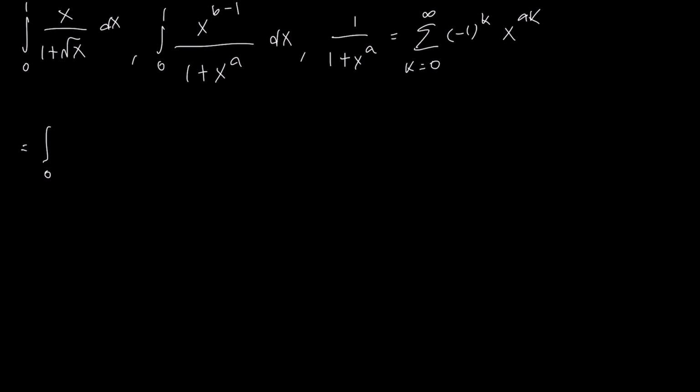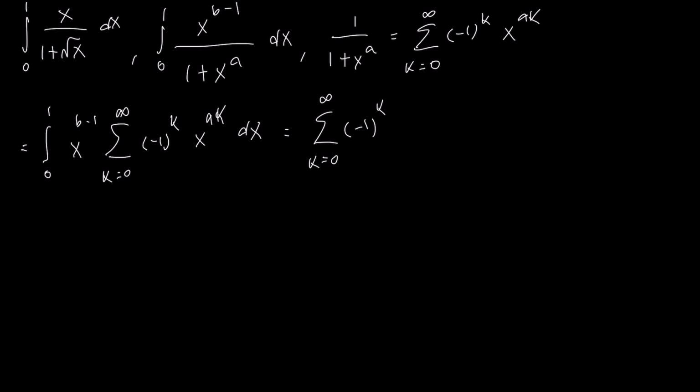So we end up having the integral from 0 to 1 of x to the b minus 1, and then the sum from 0 to infinity of negative 1 to the k x to the ak dx. And then swapping the sum and integral, we have the sum from 0 to infinity of negative 1 to the k, and the integral from 0 to 1 of x to the ak times x to the b minus 1 dx.